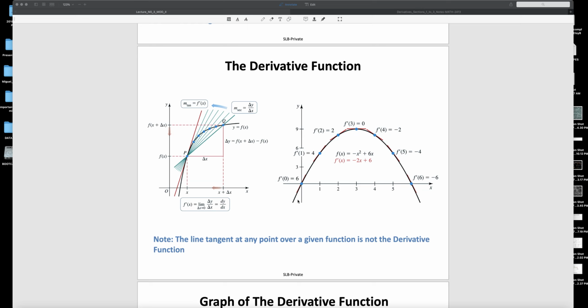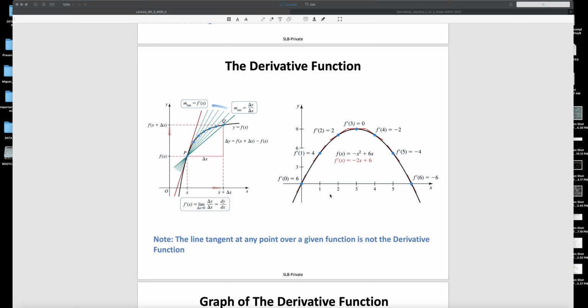Now, the important point here is that it might be the case that at some point within the domain of the function, the limit that defines the derivative probably doesn't exist.